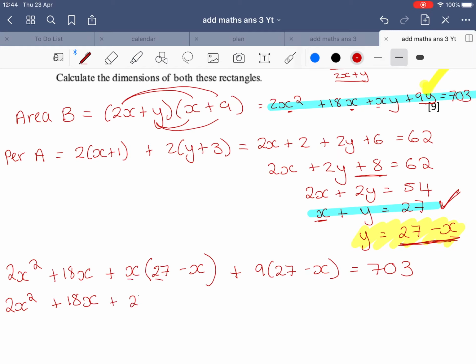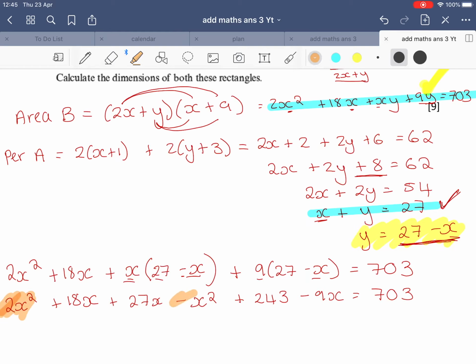Now expand, so x times 27, that's 27x. X times x, but there's a minus in front, so you're going to have to minus x squared. And now I need to expand this one, so 9 lots of 27 is 243. Take away 9 lots of x is 9x, and that still equals 703. Right, you're going to want to simplify. So think of all your x squareds.